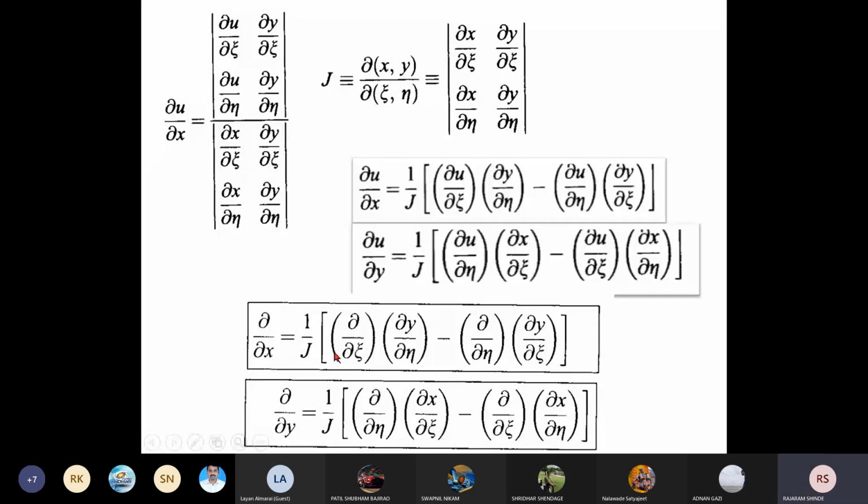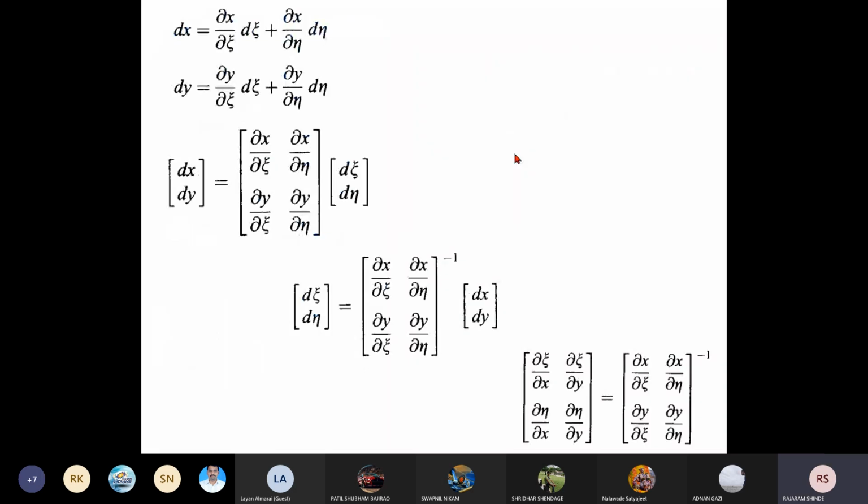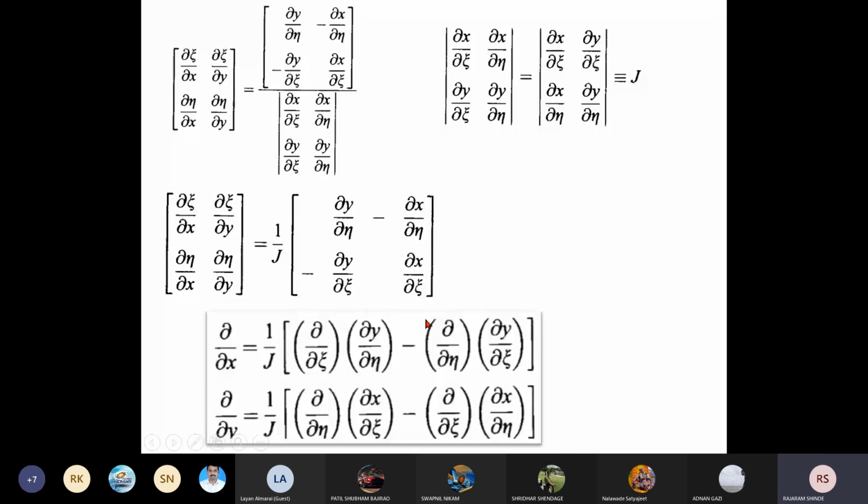After that we saw the formal transformation, and how the formal transformation is the same as the inverse transformation. Next, this is the procedure for inverse transformation, and these are the derivatives obtained from inverse transformation, which are the same as those of the formal transformation.